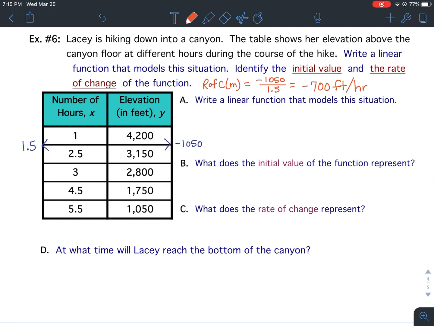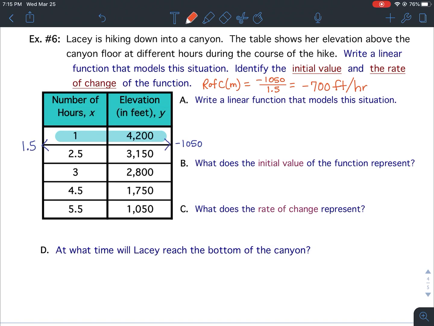Her initial value. Well, to find the initial value, we're going to do it the same way we did, I believe it was with example number 3, where you take the value of y when x is 1 and subtract the slope. So if you look at your chart, right there is the value of y when x is 1.